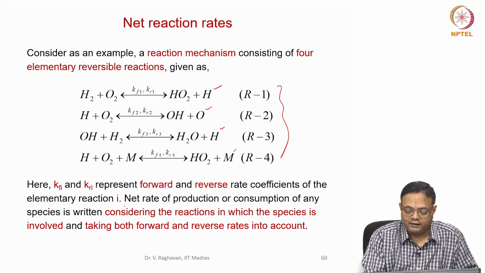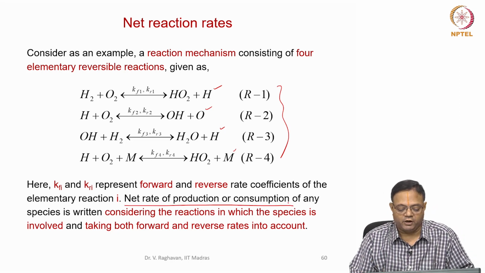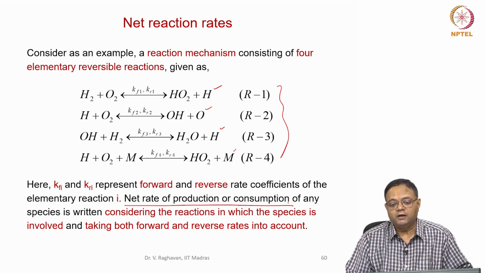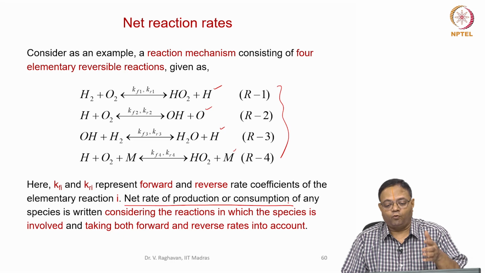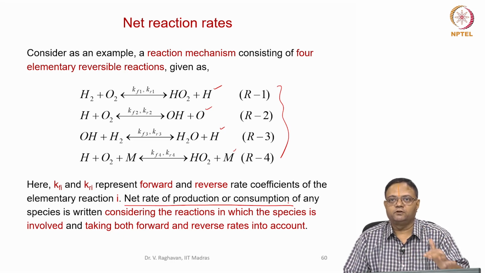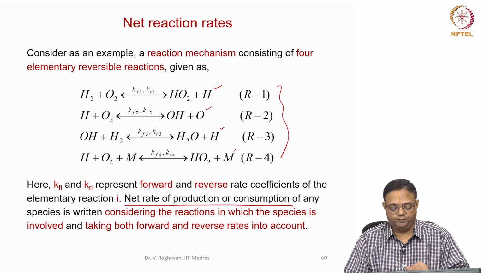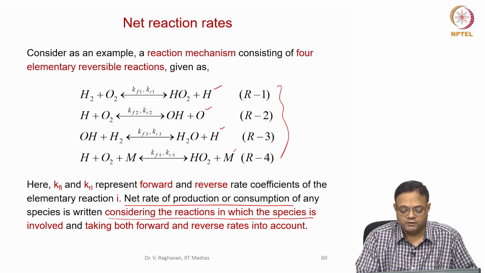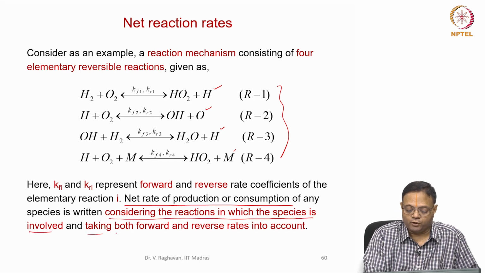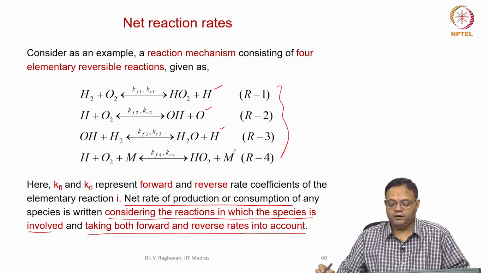That is, the net rate of production or consumption of a species can be determined by understanding in which of the reactions the particular species is present, and where it is formed and where it is consumed. So the net rate is found by considering the reactions in which the species is involved and taking into account both the forward and reverse reaction rates.